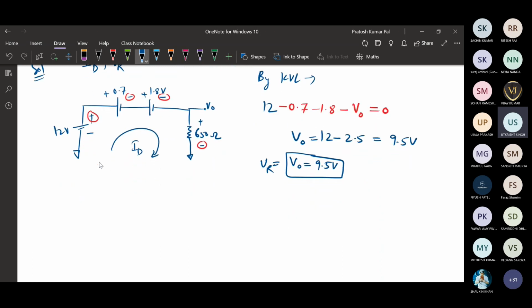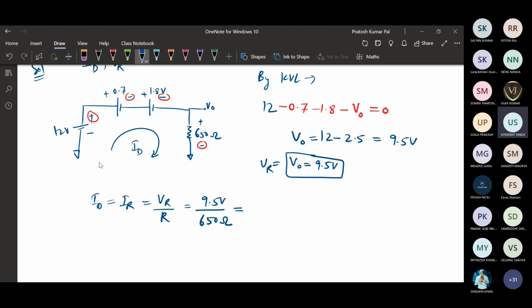To find ID, ID will be equal to IR, since the same current flowing through this resistor will flow through here also. That will be the voltage drop across the resistor divided by the resistance value, so 9.5 volt divided by 650 ohms.